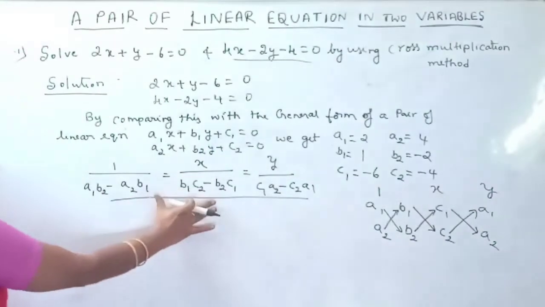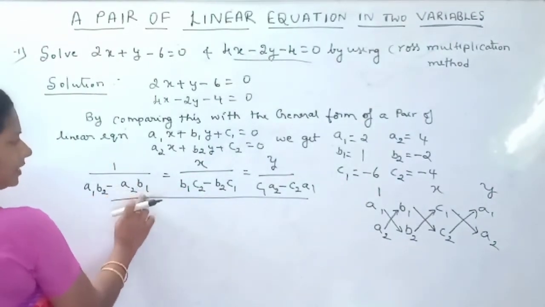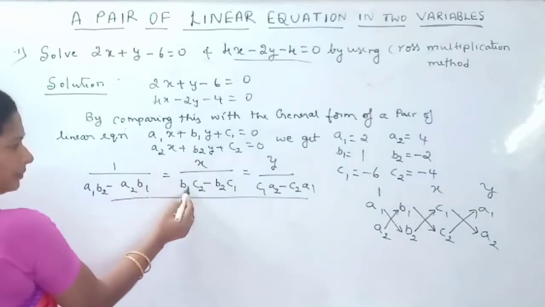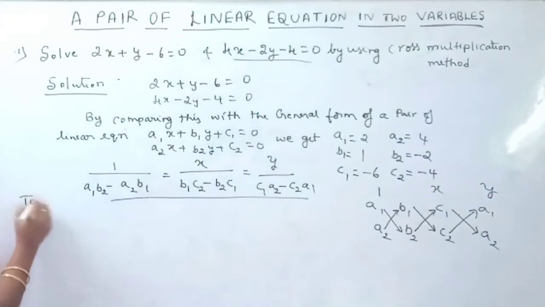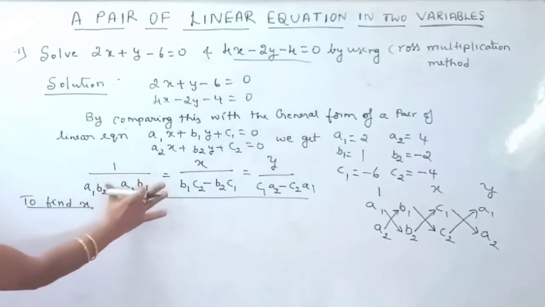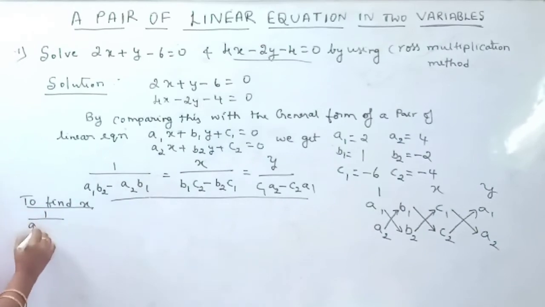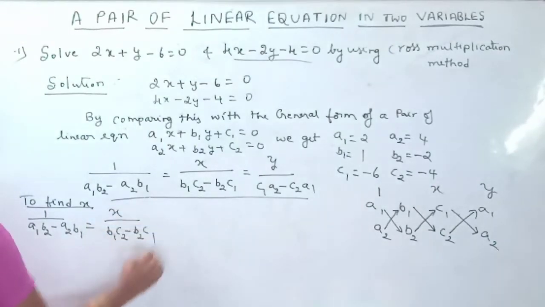Now to find x value we have to take 1 divided by A1 B2 minus A2 B1 equal to x divided by B1 C2 minus B2 C1.